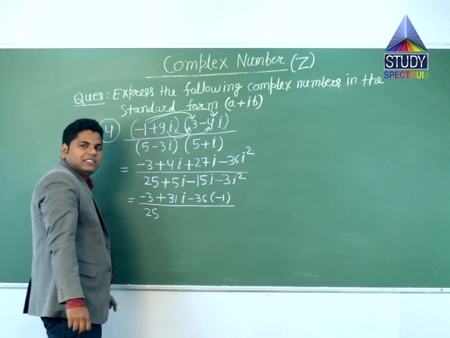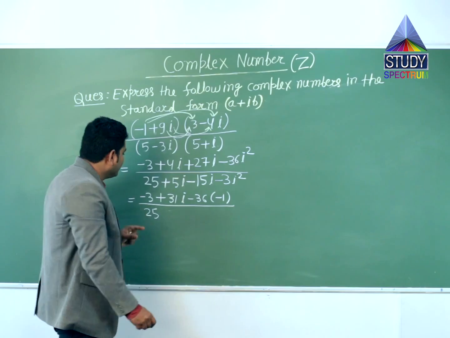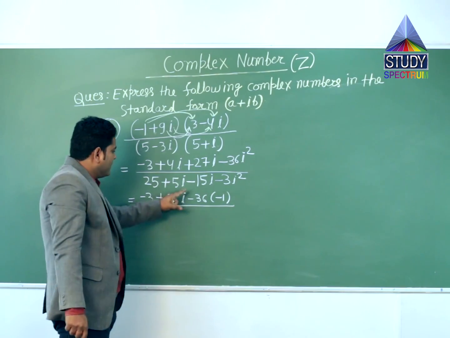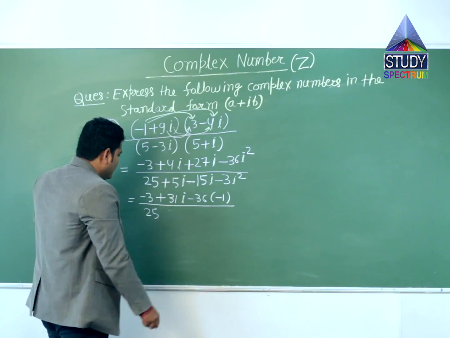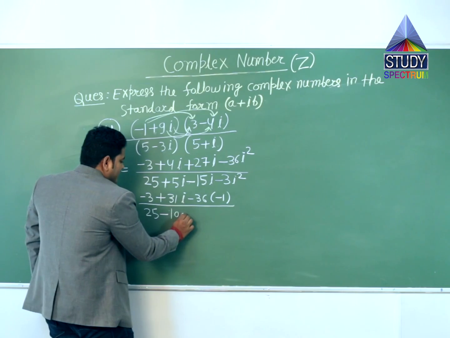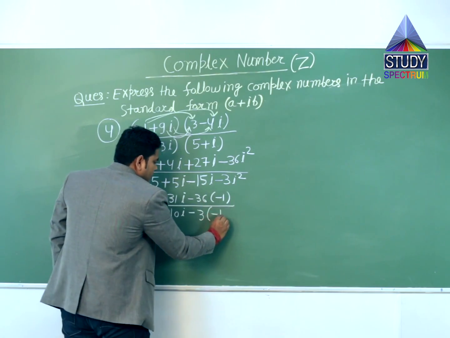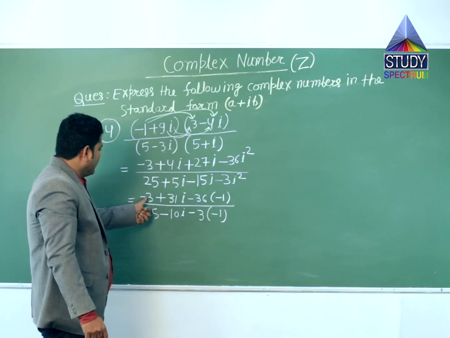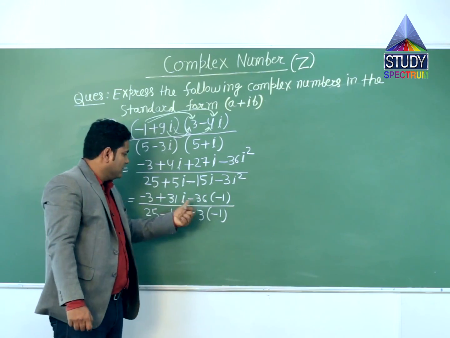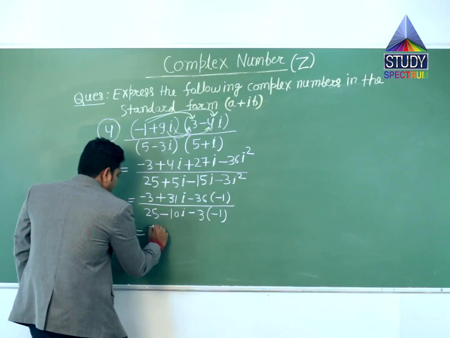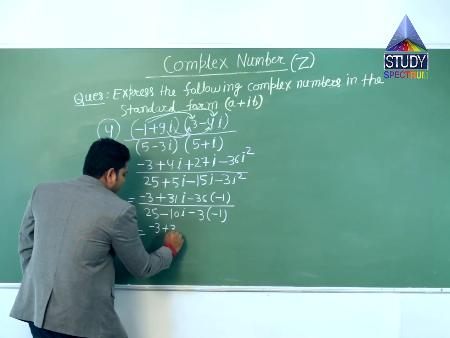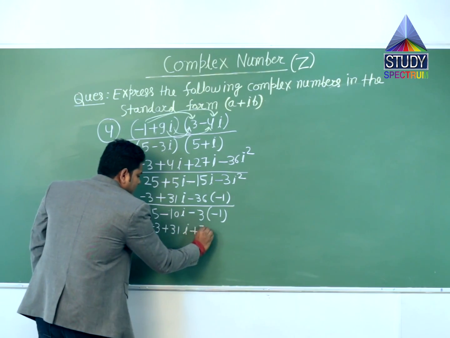Both have opposite signs, so we'll subtract. So 15 minus 5 is 10, and the larger number has a minus sign, so we'll write minus 10, and i is there, so we'll write i. Minus 3 i square, where i square is minus 1. So minus 3 minus minus is plus, so we'll write minus 3 plus 31i plus 36.